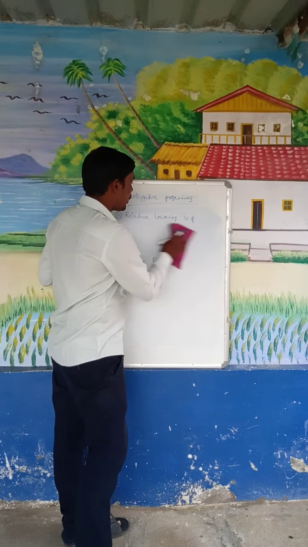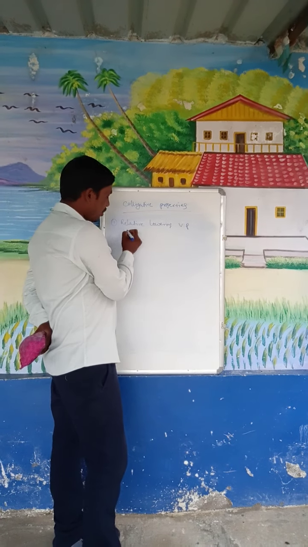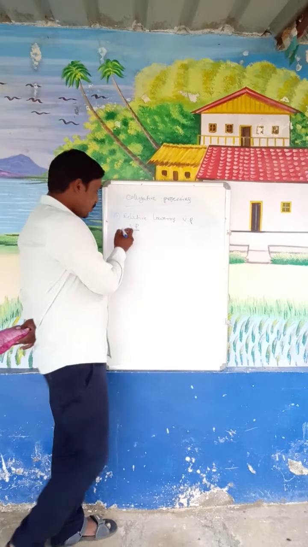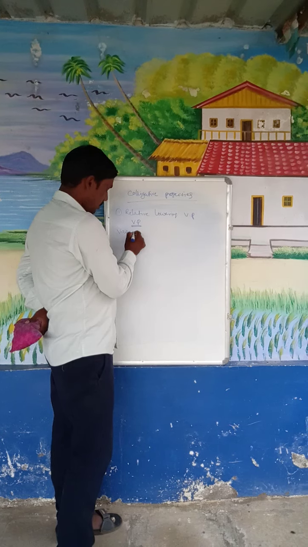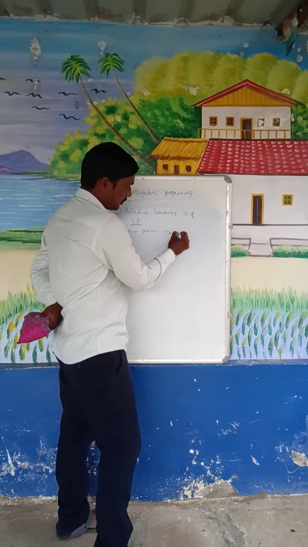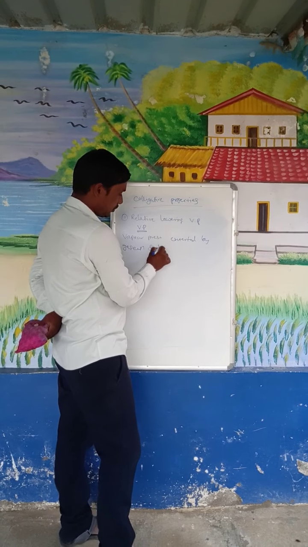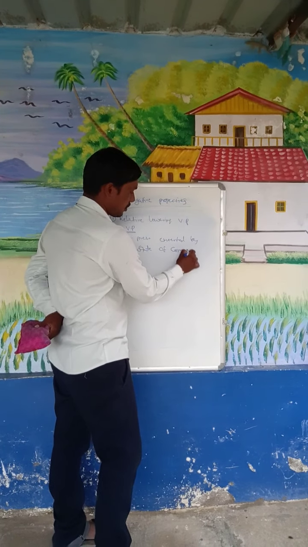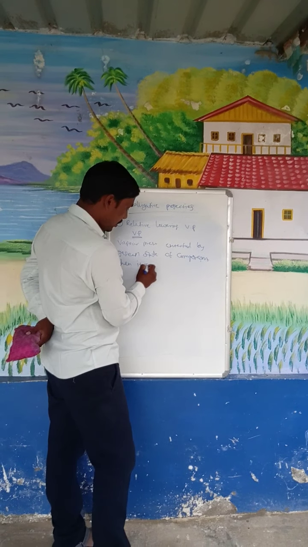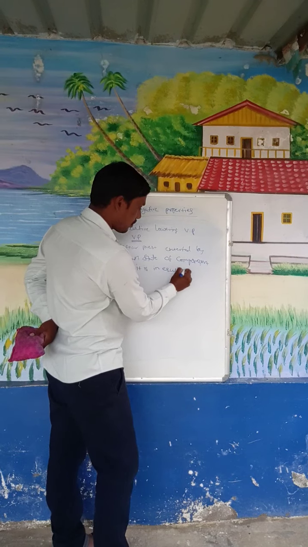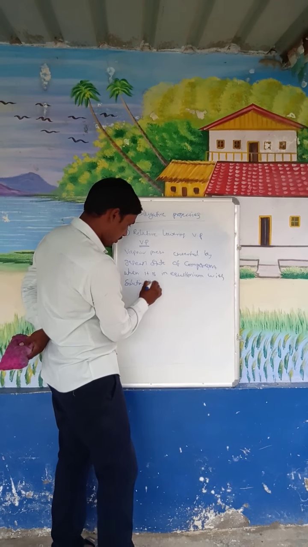Let me discuss what relative lowering of vapor pressure is. Before that, what is vapor pressure? Vapor pressure is the pressure exerted by the gaseous state of a component when it is in equilibrium with its solution state.